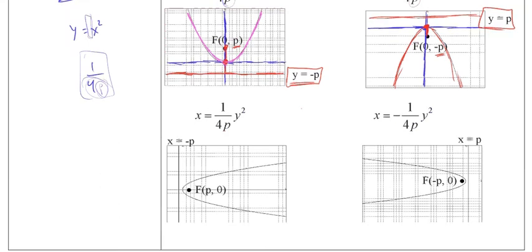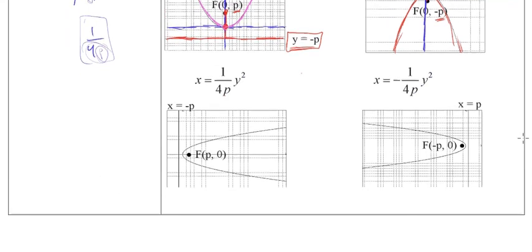Now we can also have parabolas opening to the left and to the right. Not too much different here, except our x and y values are switched. Here's the y-axis, here's the x-axis, and again, the vertex is at the origin.